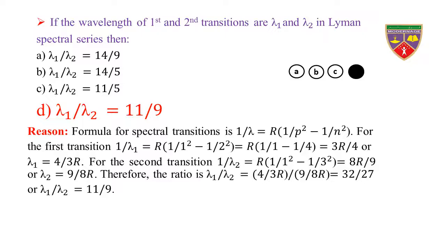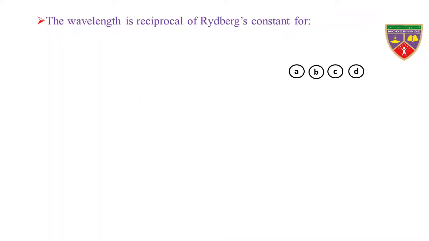Therefore, the ratio lambda 1 to lambda 2 is equal to 4 divided by 3R divided by 9 divided by 8R, which is equal to 32 divided by 27. Simplification gives that lambda 1 to lambda 2 is equal to 11 to 9. Hence, the ratio is 11 to 9.